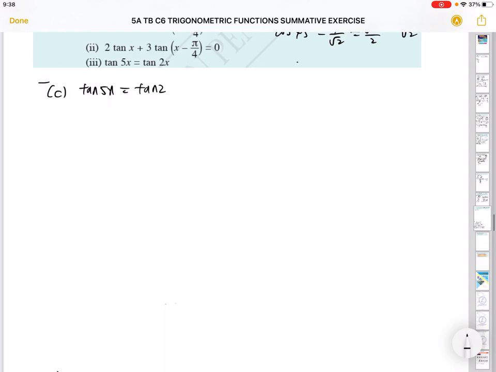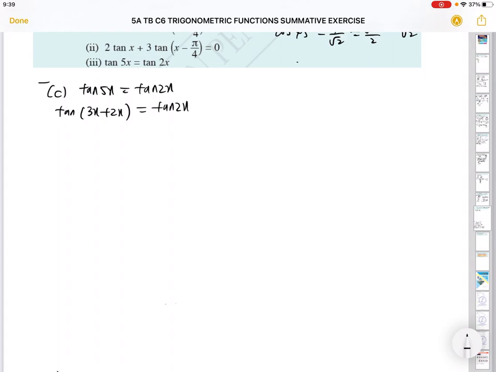Now we know 2 plus 3 is 5, so we can use 3x plus 2x. Then when you use the addition formula for tangent, it is tangent 3x plus tangent 2x divided by 1 minus tangent 3x tangent 2x.